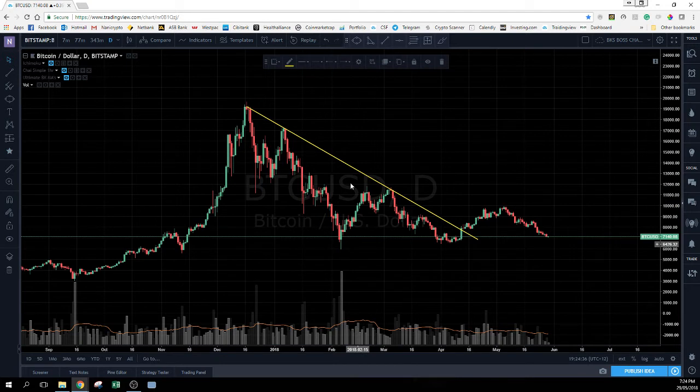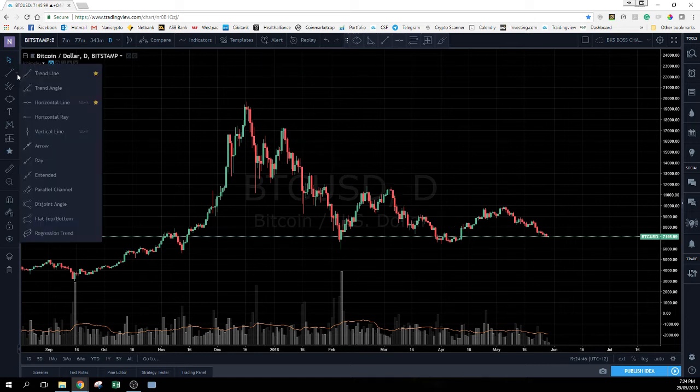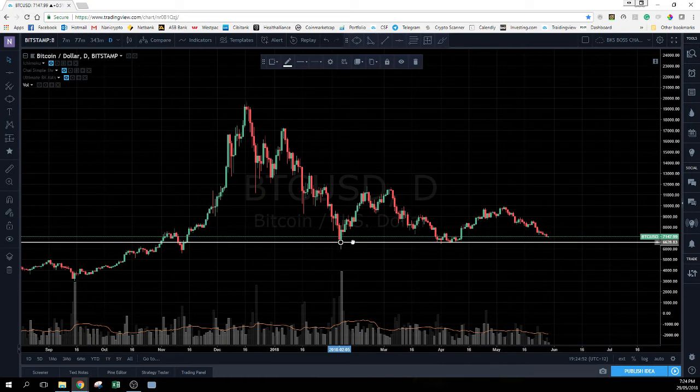Now, the other really important way to set up the trend line is not only the diagonal one, but the straight one. So I'm just going to use the horizontal line, and I'm going to set up a line.